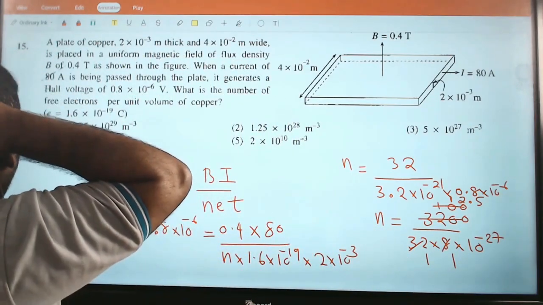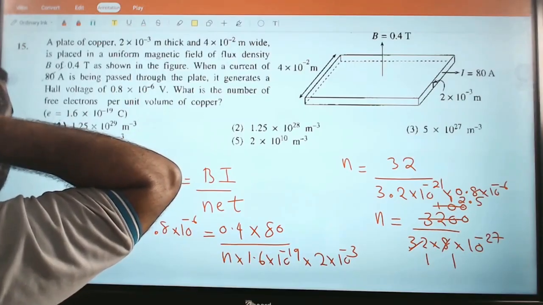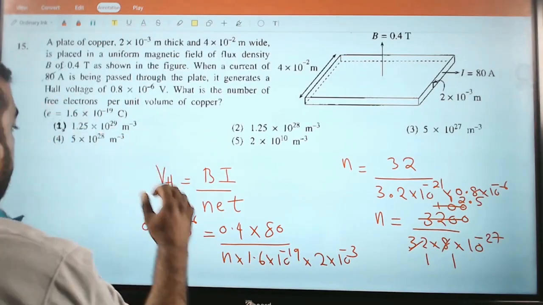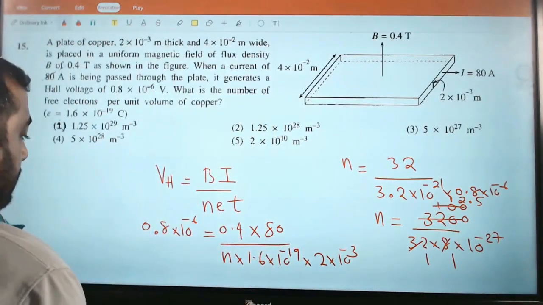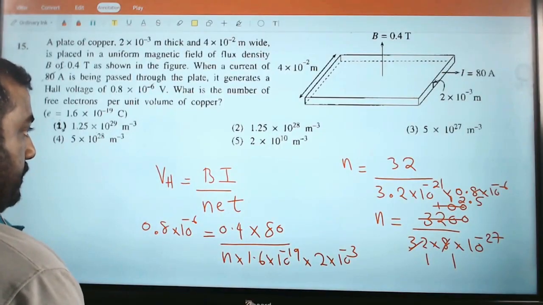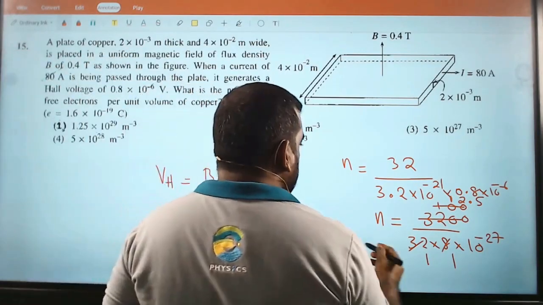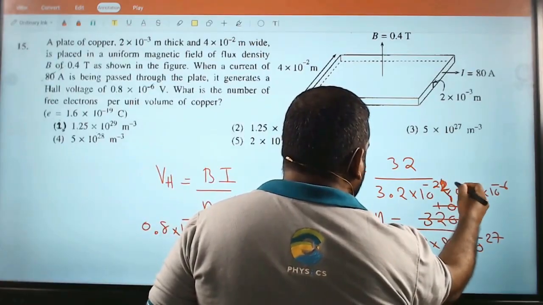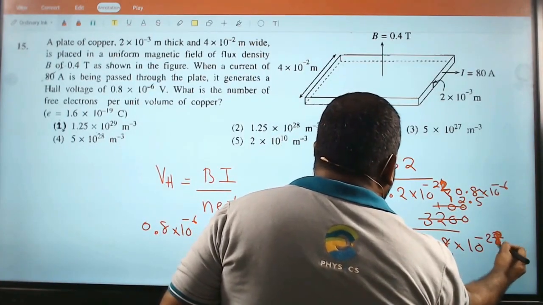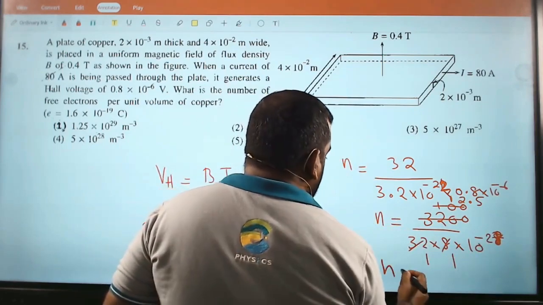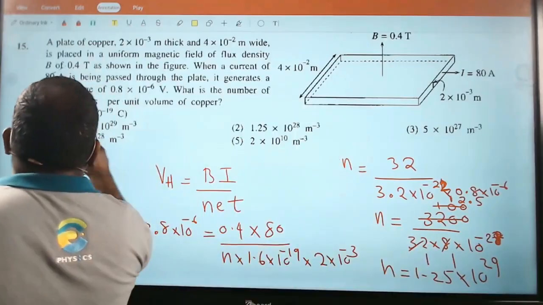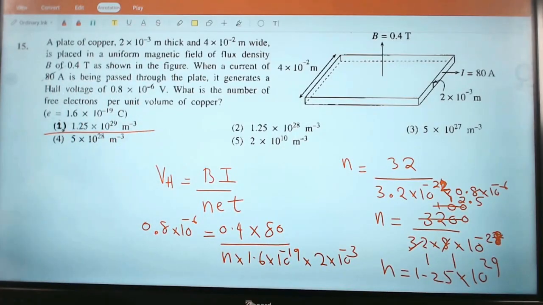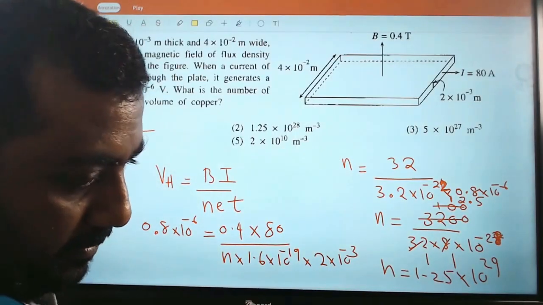So 0.4 into 80 divided by n times 1.6 10 to the power minus 19 times thickness 2 10 to the power minus 3. These are the mistakes. It should be 22, which means here 28. That means n is 1.25 10 to the power 29. Correct answer is answer number 1.